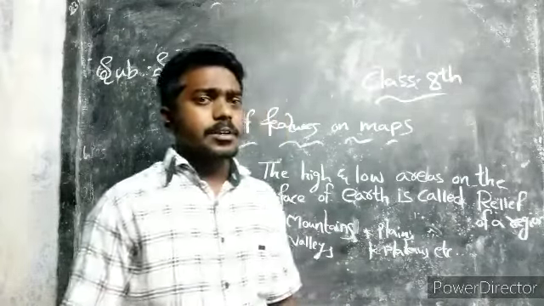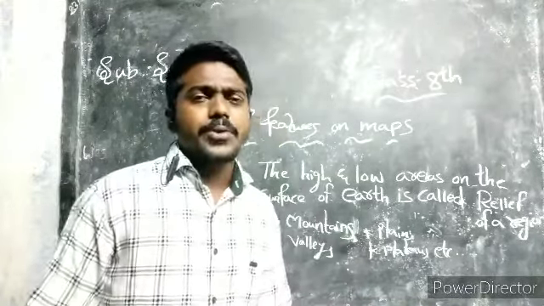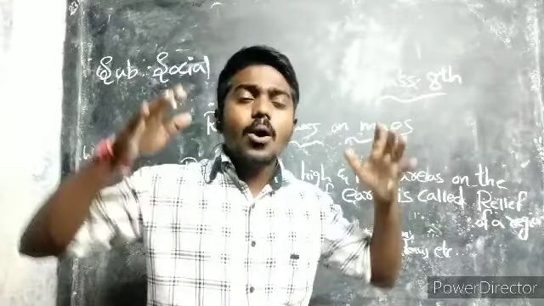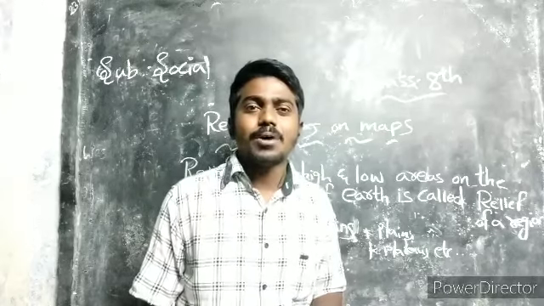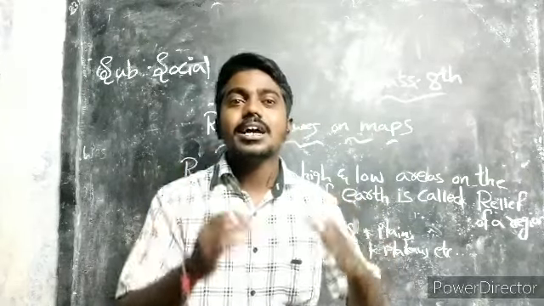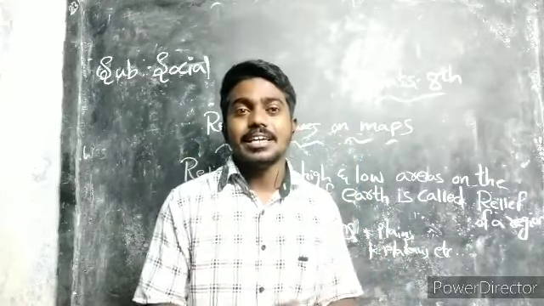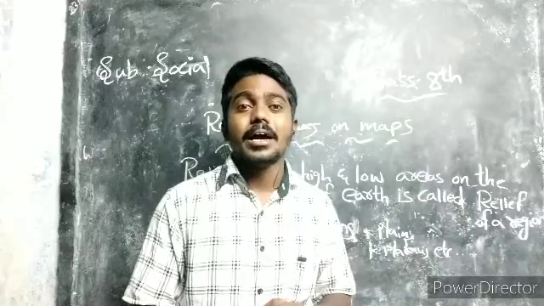While you are preparing the maps, you can show the scale, you can show the symbol. Then how can you show the height of Mount Everest? How do you show the height of a temple or height of a city or village? It is impossible to show the height in a map.